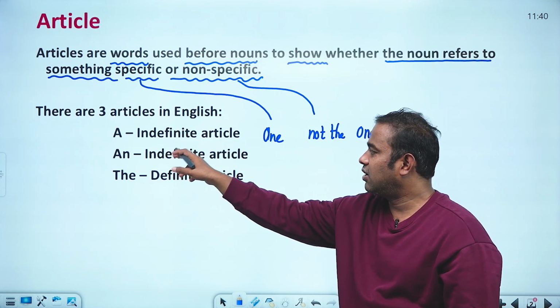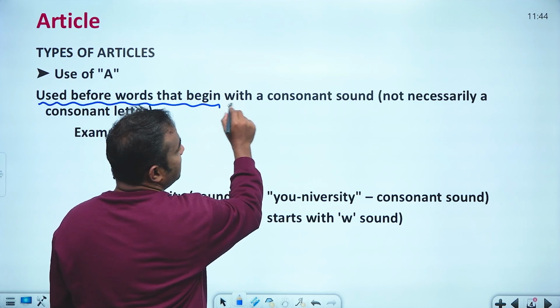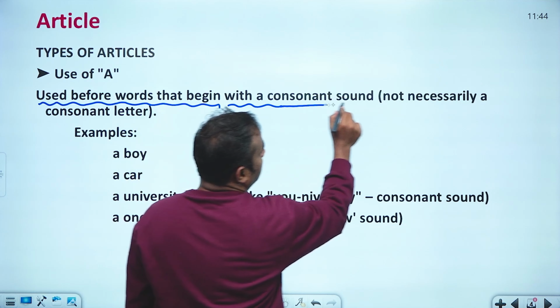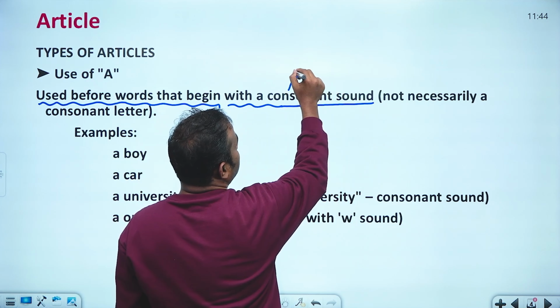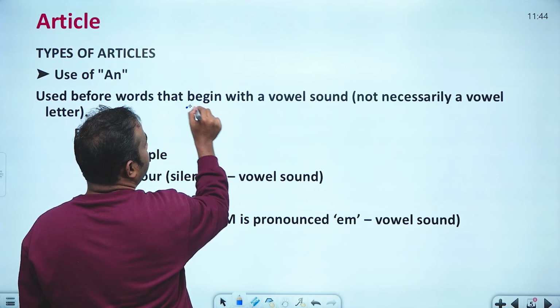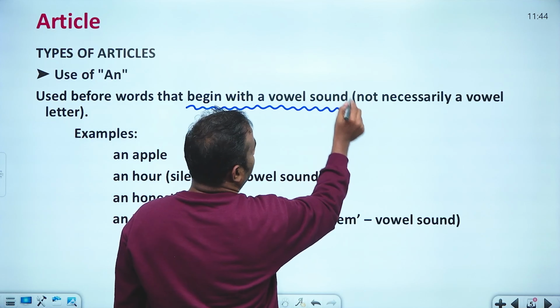First, the use of the indefinite article. The first one is a. Where do we use a? According to the definition, it is used before words that begin with a consonant sound. This is the important point, whereas an is used whenever the word begins with a vowel sound.